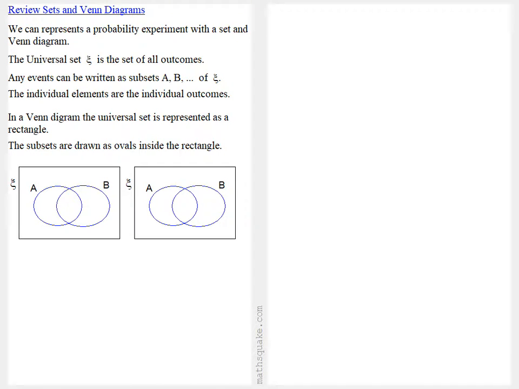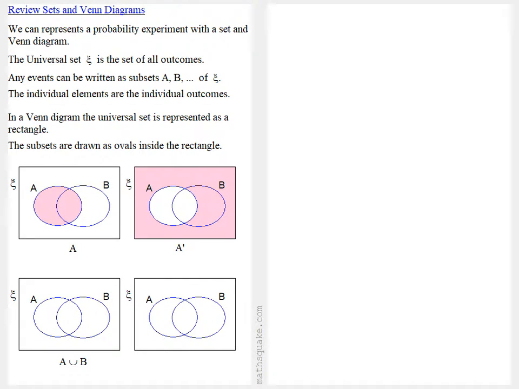So if we've got a universal set with two sets inside, A and B, we can shade in the set A. We can also shade in the set that's not A, the complement of A. Now that's everything that wasn't shaded before. If we want A union B, that's everything that's in A or in B or in both.